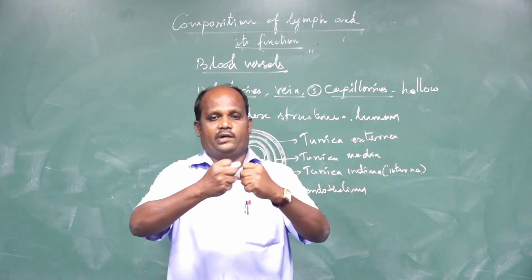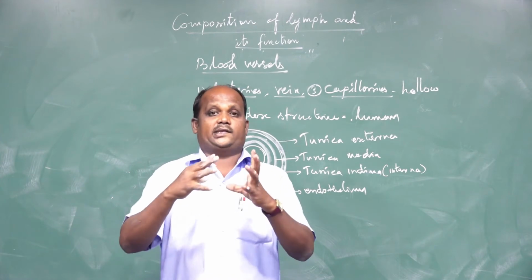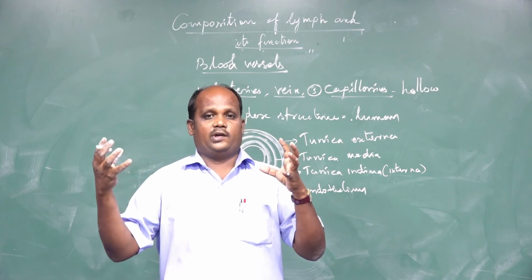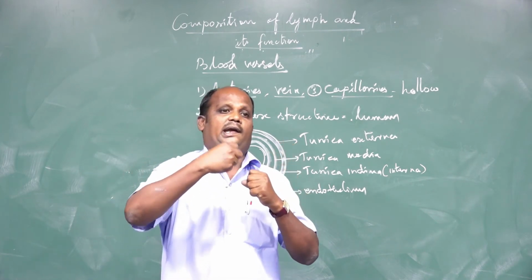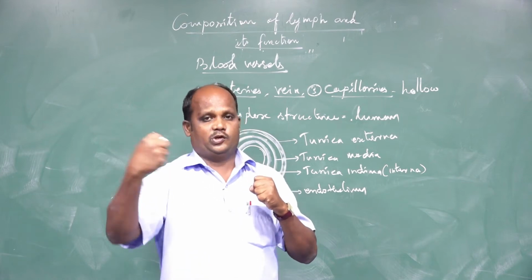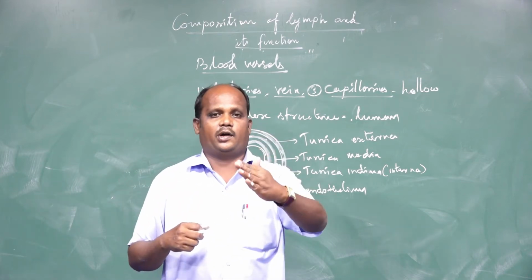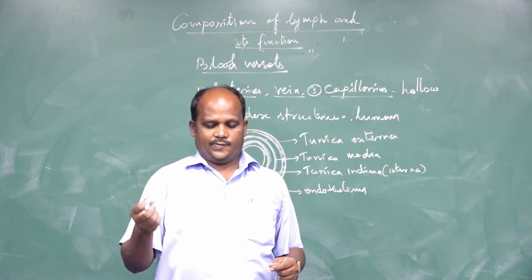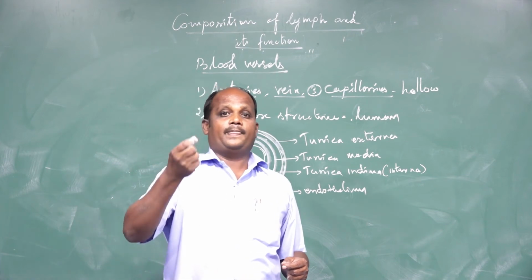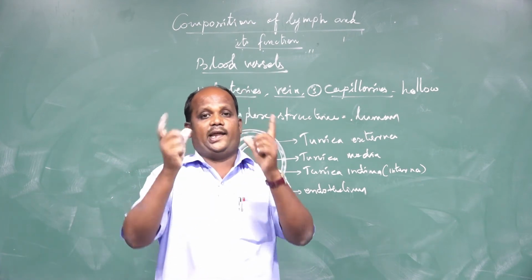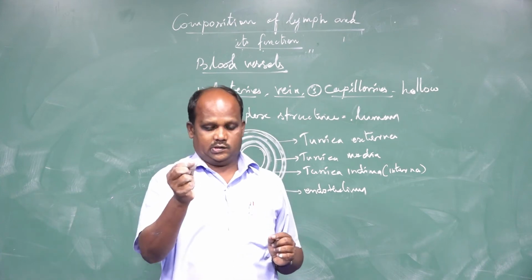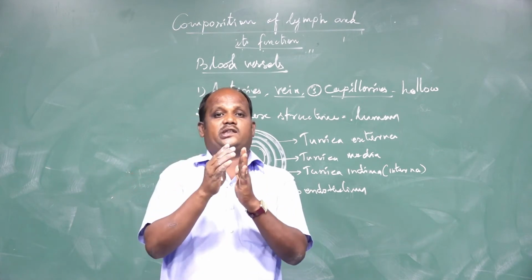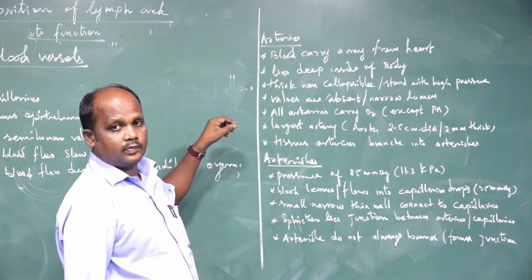The inner wall is protected by the endothelium. The three layers are made up of smooth muscle. This is the common structure of the three blood vessels.